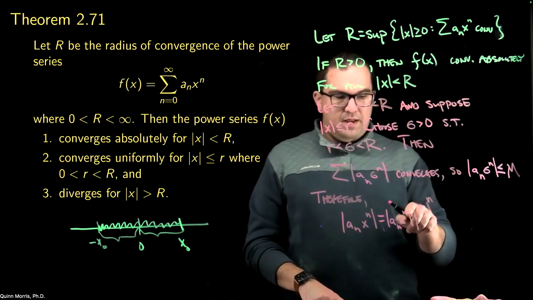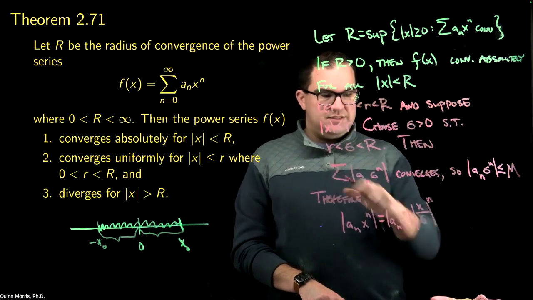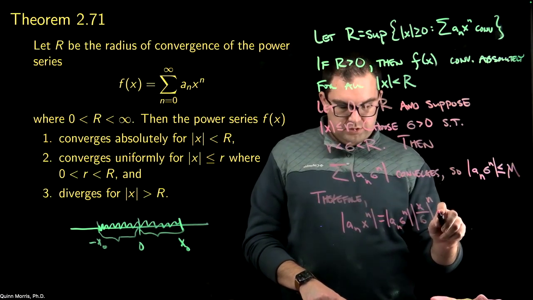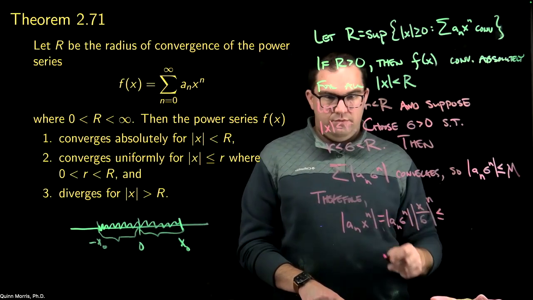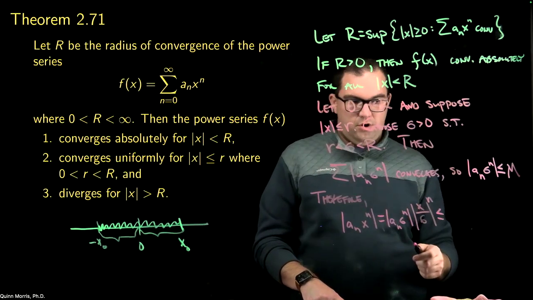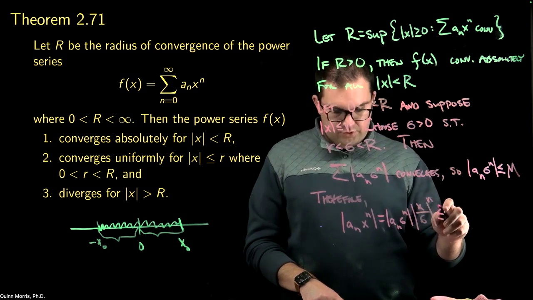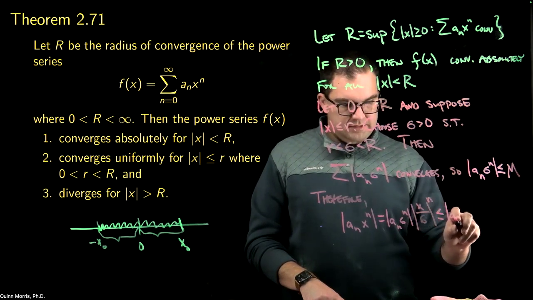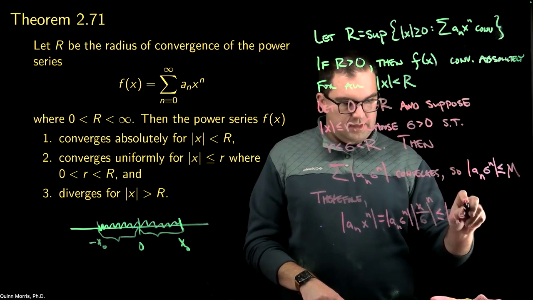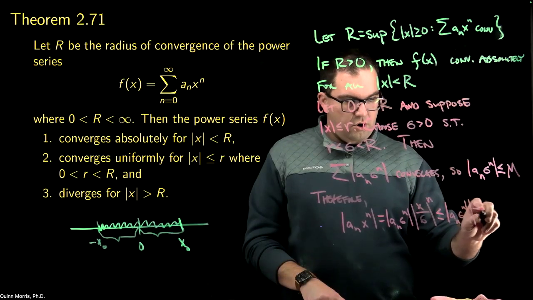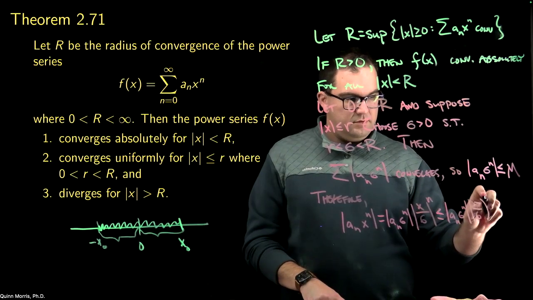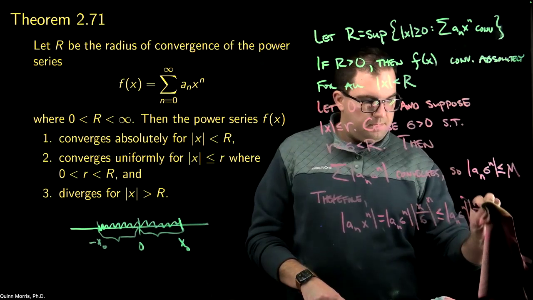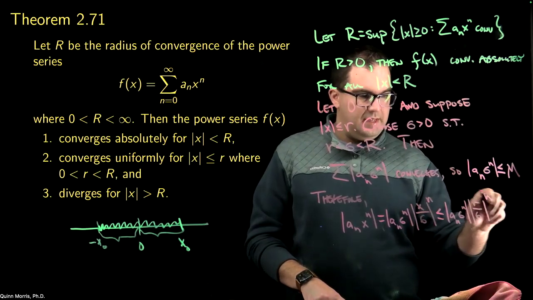But I'm assuming here that the absolute value of x is less than or equal to r. So this would be less than or equal to a sub n sigma to the n times r over sigma to the n.